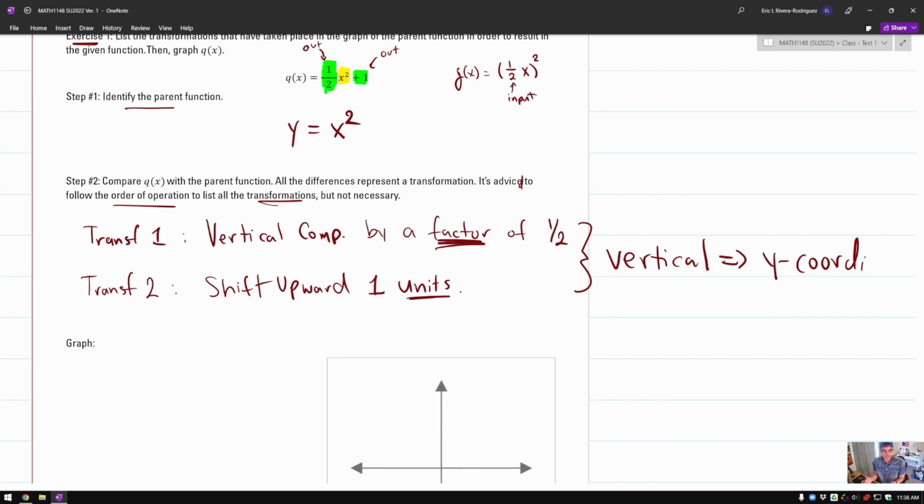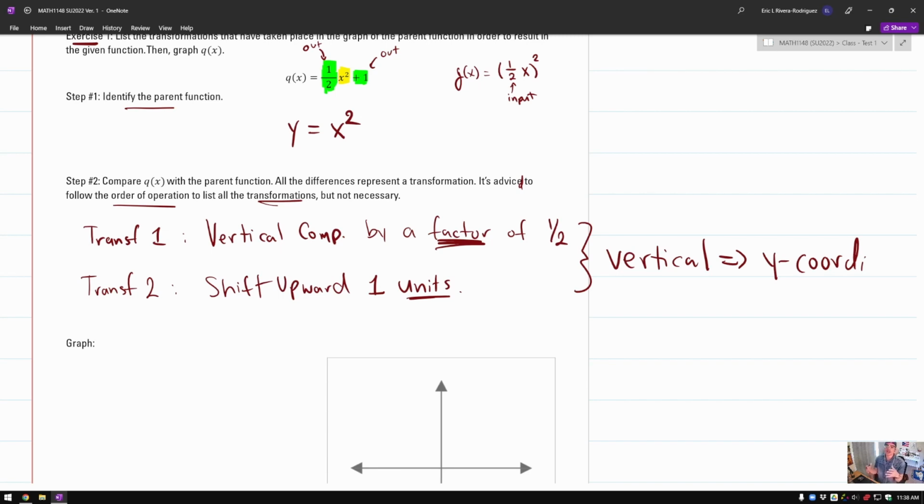The answer is yes. In order to graph q of x, and because we are going to graph it using as reference its parent function x squared, or the square function, the key points are going to be important for us. Because we know that from the table of the library of parent functions, we have 3 key points for the square function.